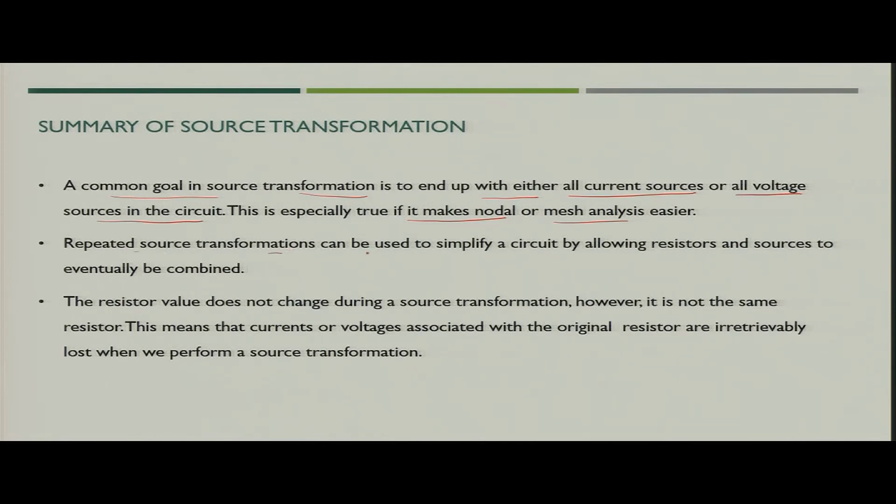Repeated source transformation can be used to simplify the circuit by allowing resistors and sources to eventually be combined. The resistor value does not change during the source transformation. This is what we have seen. However, it is not the same resistor. That means that the current or voltage associated with the original resistor are irretrievably lost.